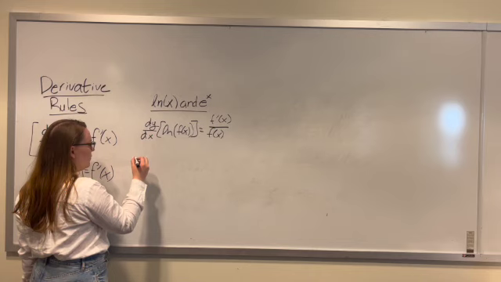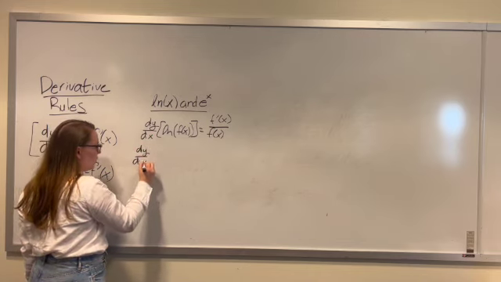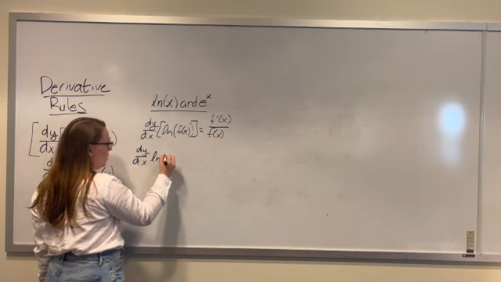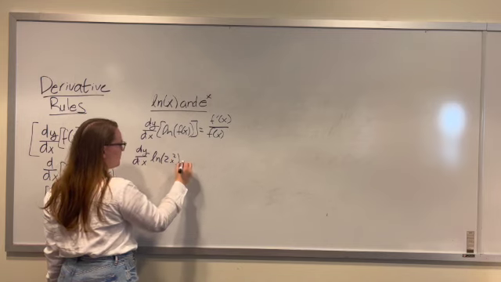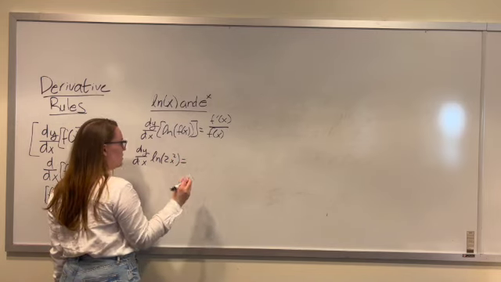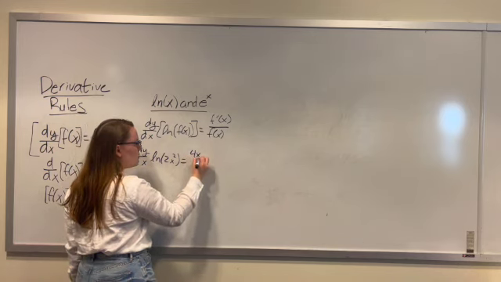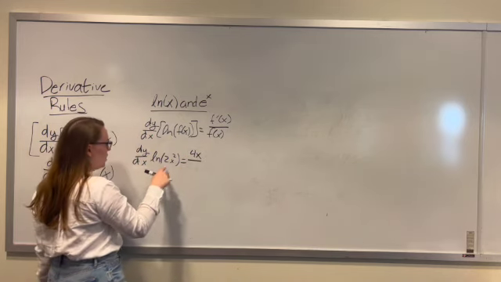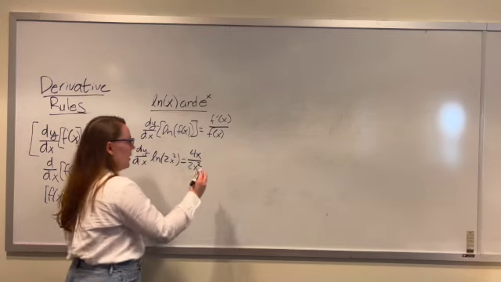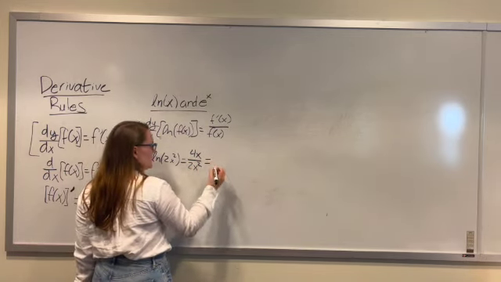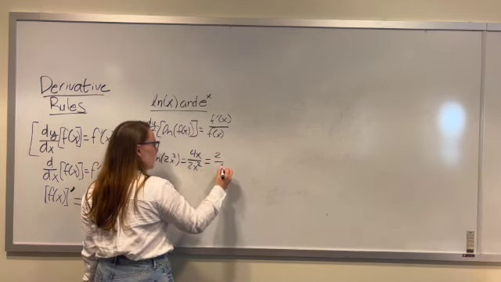So if we wanted to find the derivative of natural log of 2x squared, we would get the derivative of the inside, 4x, divided by 2x squared.